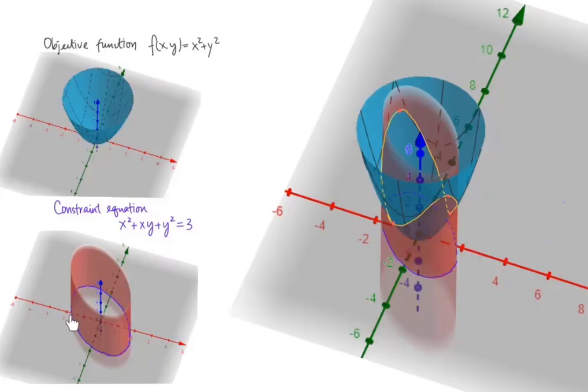For example, this purple line is the constraint equation, and this yellow line is the mountain path. On the surface, f(x,y) = x squared plus y squared for those points which satisfy the constraint equation.